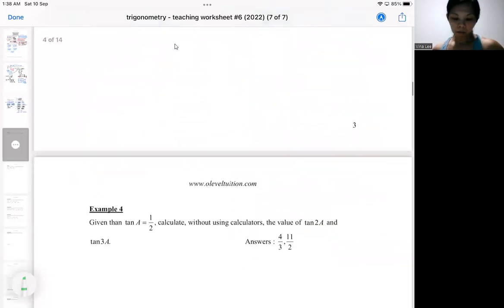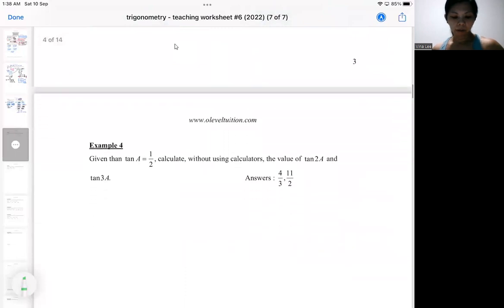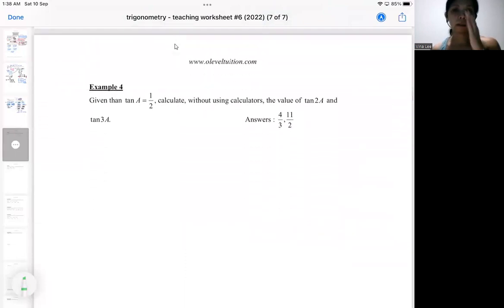So we also got another example to illustrate that sometimes we do have a mix with the addition formula. In this case, they gave you tangent A, and you are asked to find tangent 2A and tangent 3A.